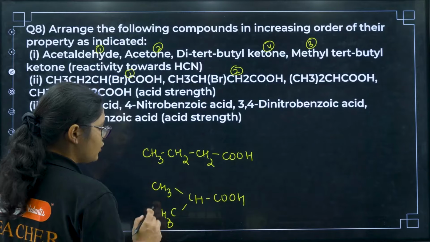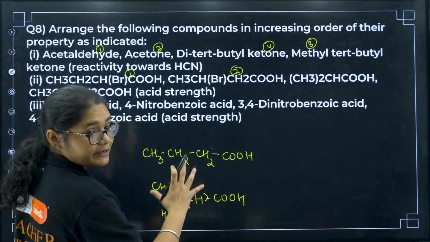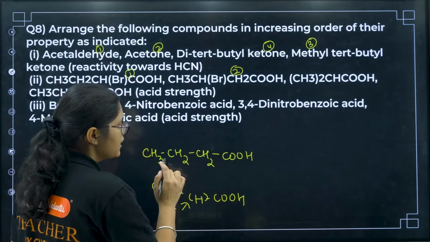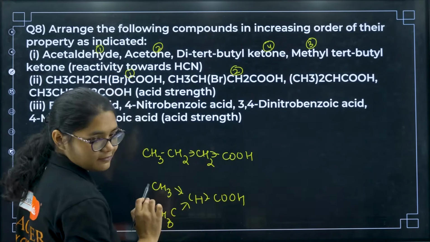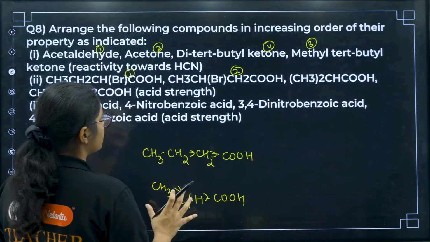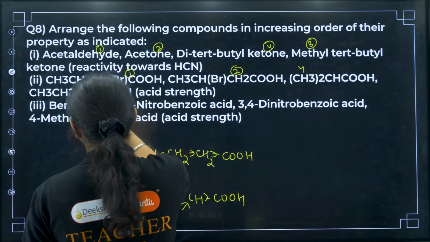Now out of these two, obviously here you can see there is more inductive effect. So this one will destabilize the conjugate base more, as compared to this one where we have less inductive effect. So this one will be the least acidic, so I can find this one as 4th and this one as 3.